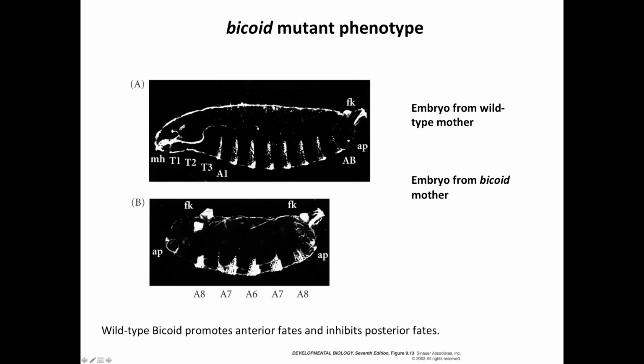But it wasn't like that. They saw the anterior head did not form, but they also found that they erroneously developed posterior structures, which meant that Bicoid did two things. It actively promoted anterior fate, and it actively inhibited posteriorization of the embryo.